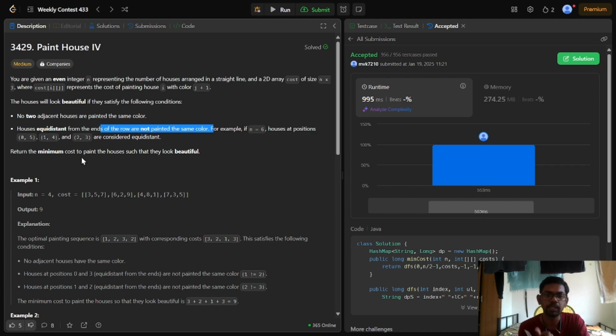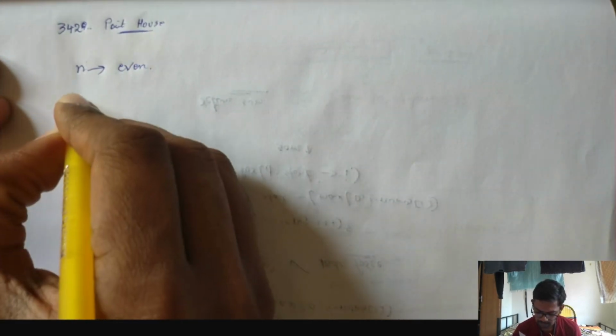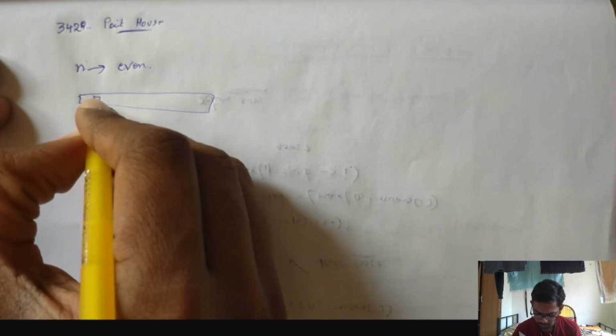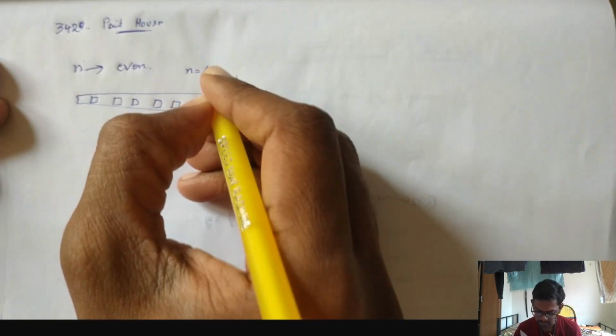Now let's look into the question. Let's understand the question. What's given? We are given an integer n, which is even. This n represents that there are n houses in a straight line. Here n is 6.